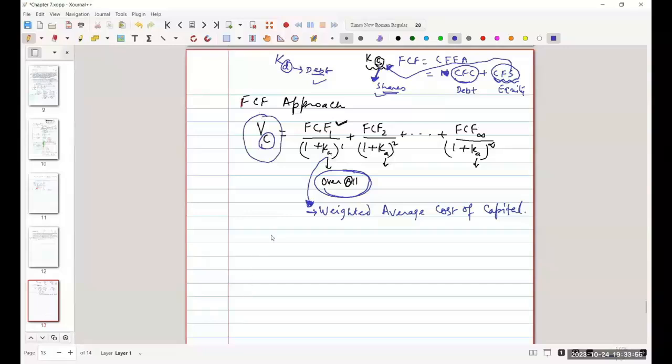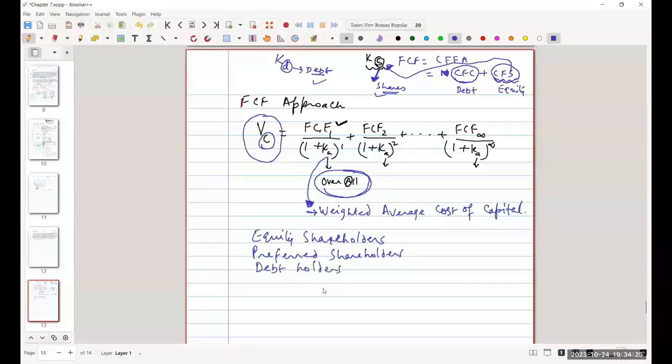But as we said, in a company you can have equity shareholders or common stockholders, let's call them shareholders. You can also have preferred stockholders, preferred shareholders. You can have debt holders also, people from whom you borrowed money.